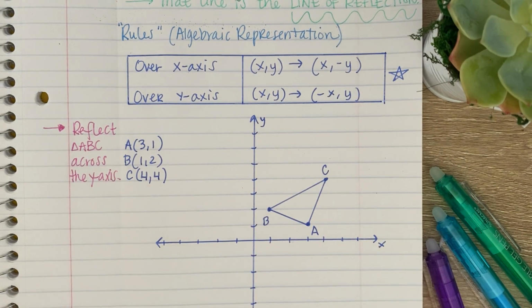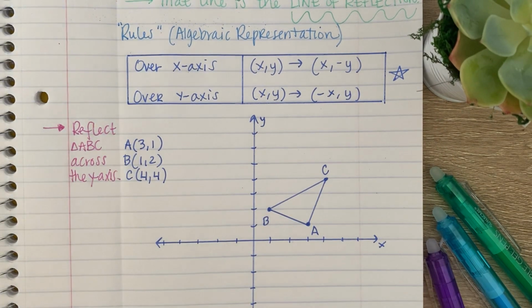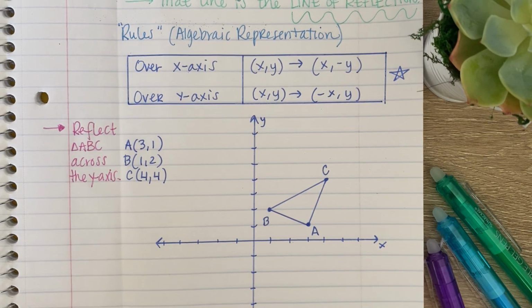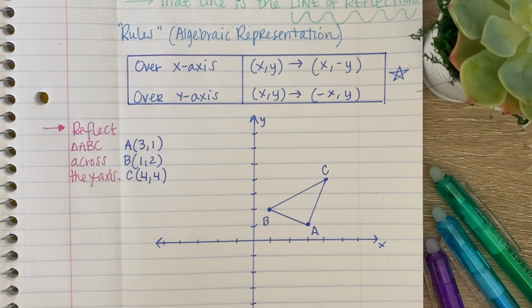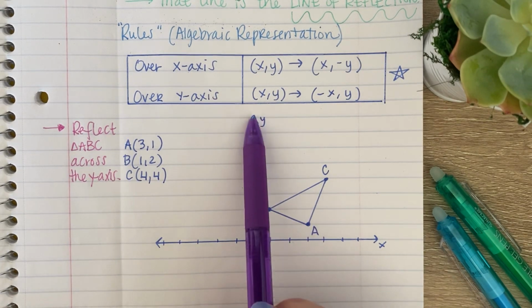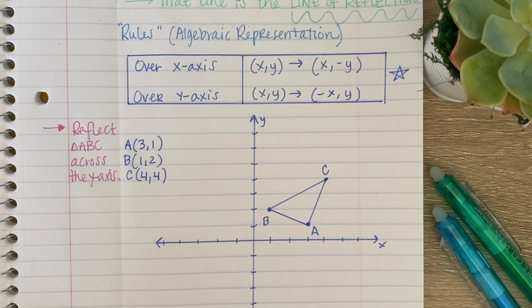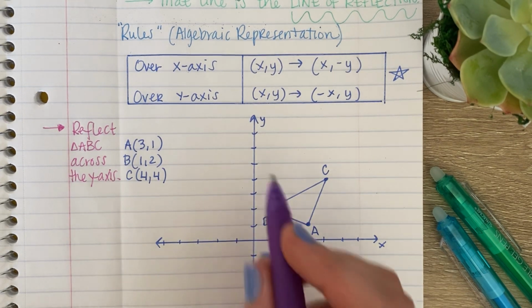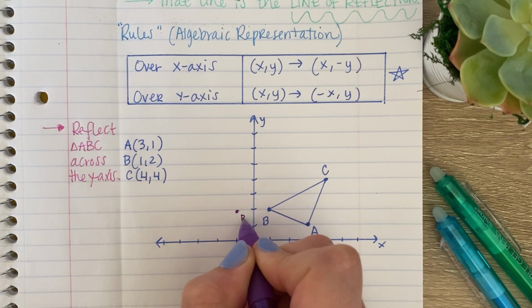So we're going to be flipping our pre-image across the y, and there's actually an easy way to do this. You just count how far from the line of reflection your points are, and that's how far they'll be on the other side. So for example, here's our line of reflection. Point B is only 1 unit away. So I just count 1 unit away over here, and that's B prime.